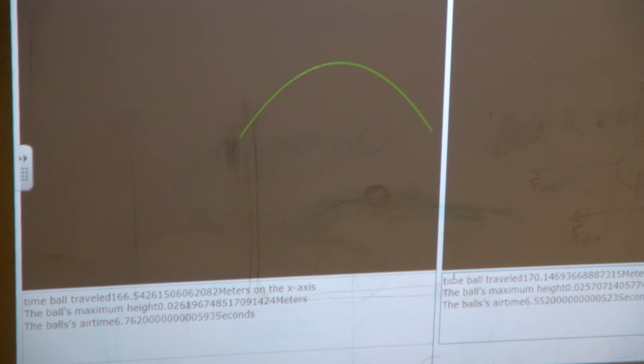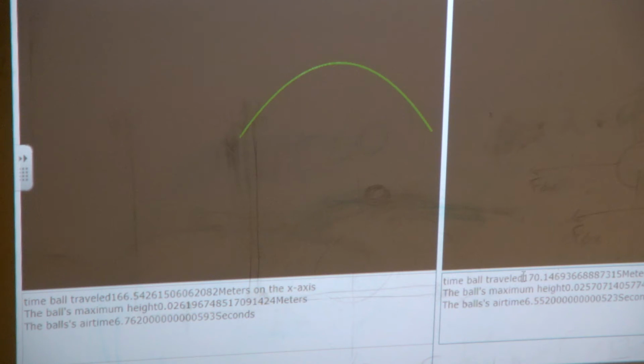The ball travel was 166.5 meters on the x-axis. The ball maximum height was 0.26, so it's a slight difference in meters. And the ball air time was 6.76. So it took a little bit longer for the green one with no air drag than the red one.